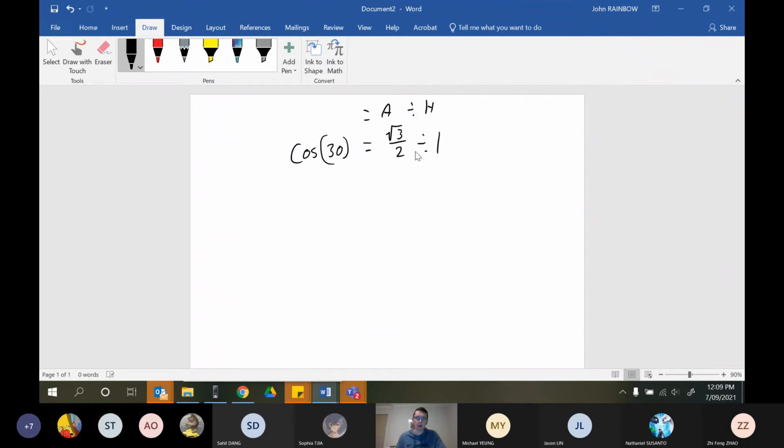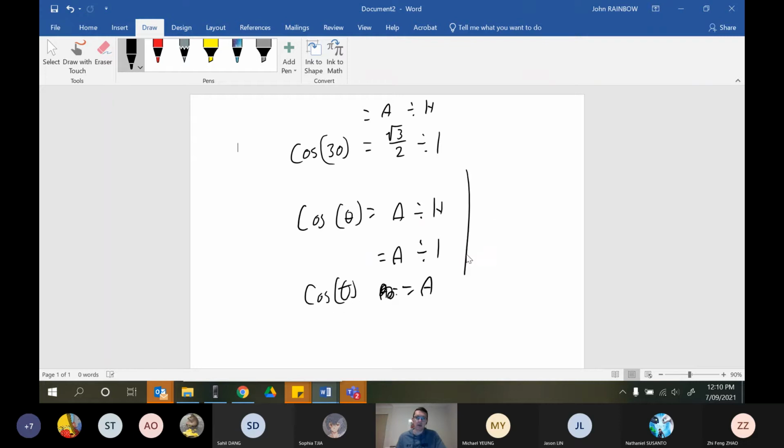But because the hypotenuse is 1, if I take any angle on the unit circle and I do adjacent divided by hypotenuse, I'm really doing adjacent divided by 1, and anything divided by 1 is just itself. So therefore, it just equals the adjacent. Same thing with sine.